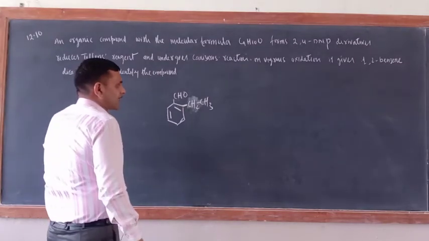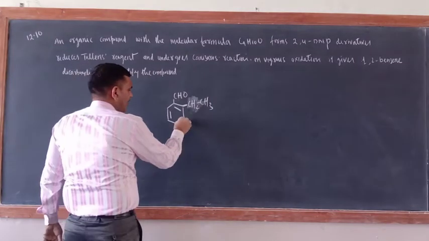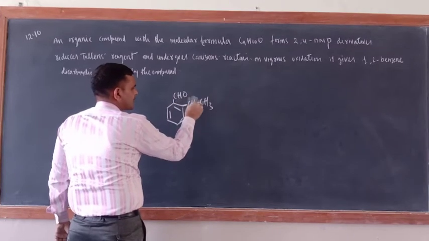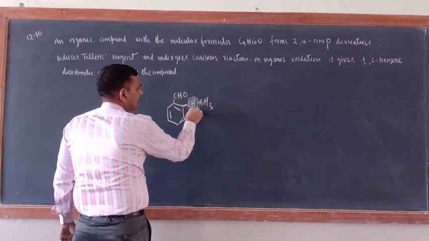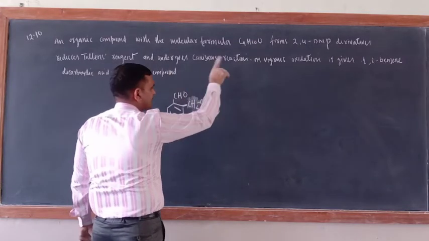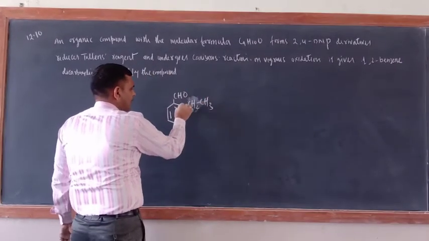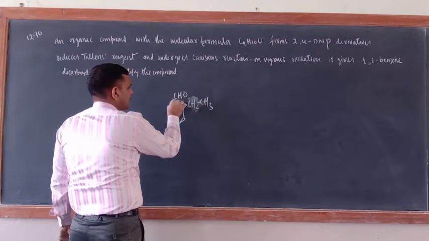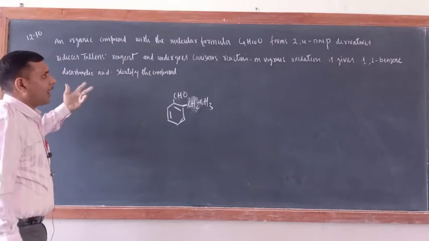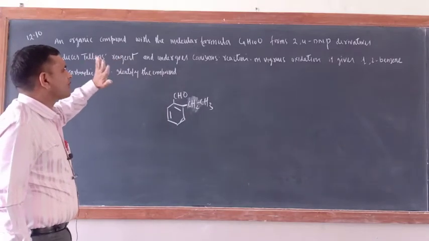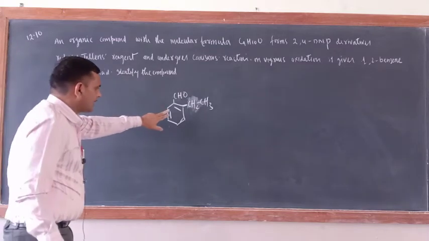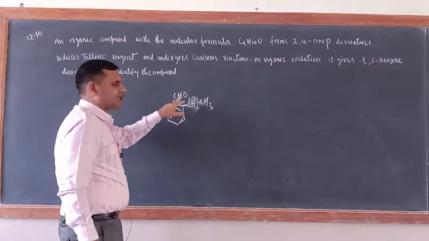Now you can check whether hydrogen is 10 or not: 10 hydrogens are there, 1 oxygen is there, 9 carbon atoms are there. Everything is there. Yes. Now the rest of what they are telling, you just work out. So we have identified that this is 2-ethyl benzaldehyde.